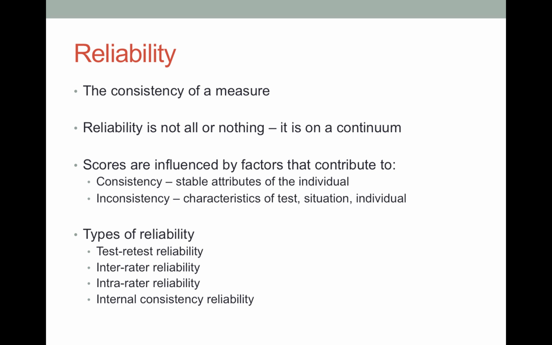Internal consistency reliability is used to judge the consistency of results across items on the same test. So essentially, you are comparing test items that measure the same construct to determine the test's internal consistency.